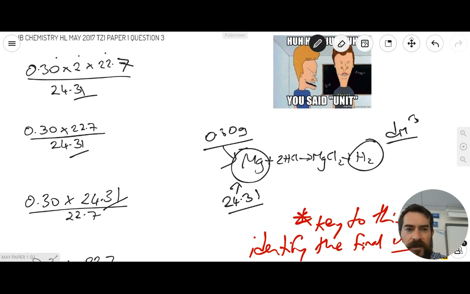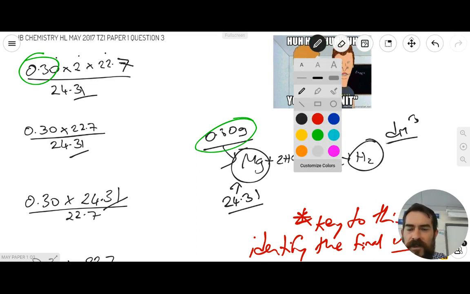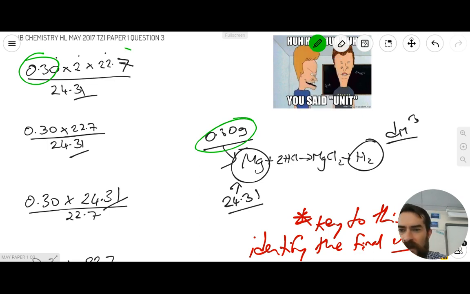The 0.30 grams is coming from the mass of magnesium that you're given to begin with. And then the 22.7 is what we call the molar volume of an ideal gas. This is the volume occupied by 1 mole of any gas, and that has units of decimeters cubed per mole.